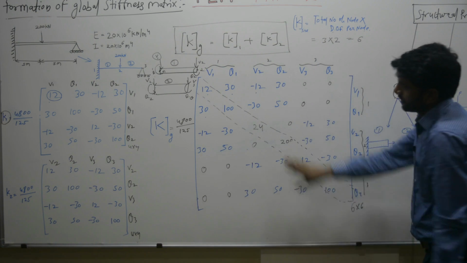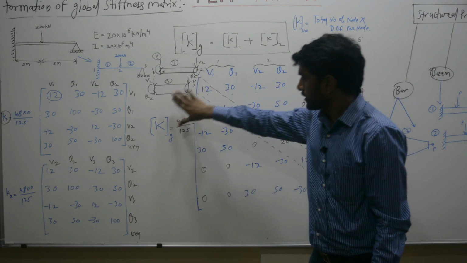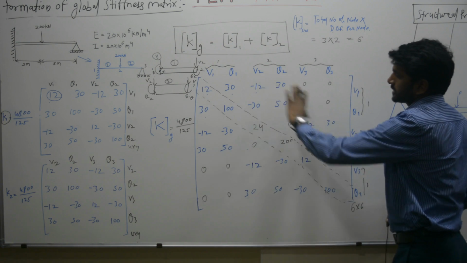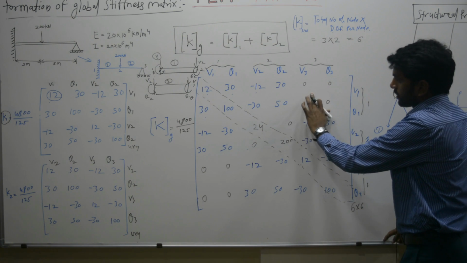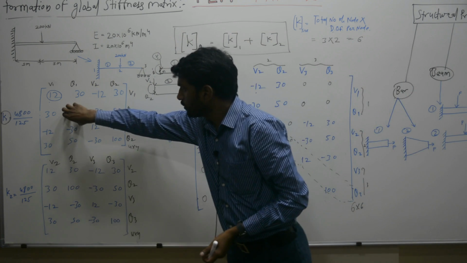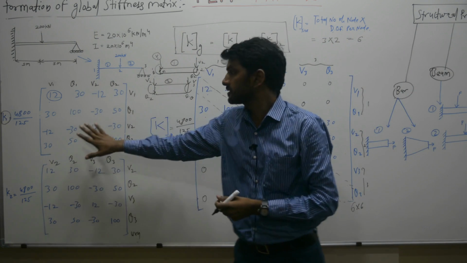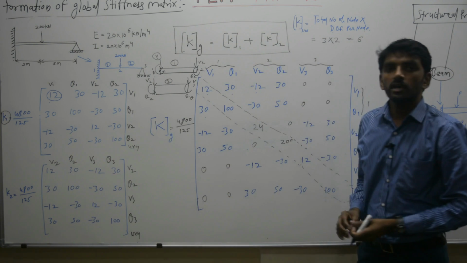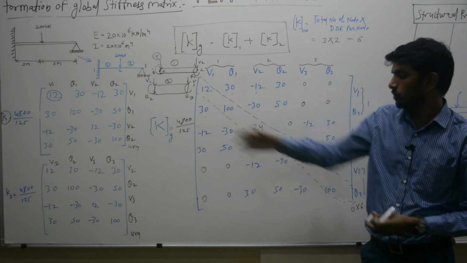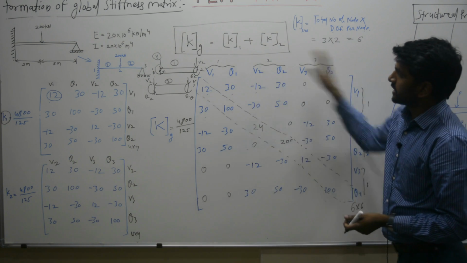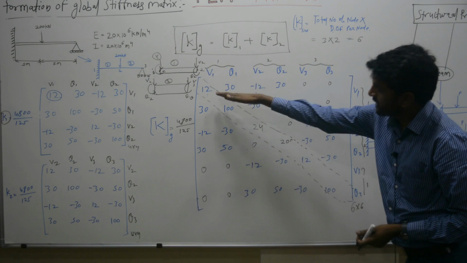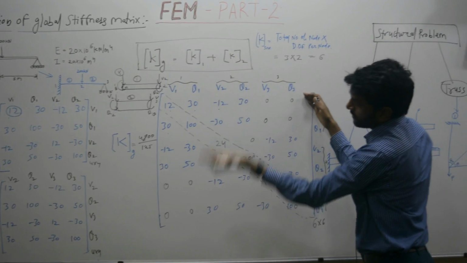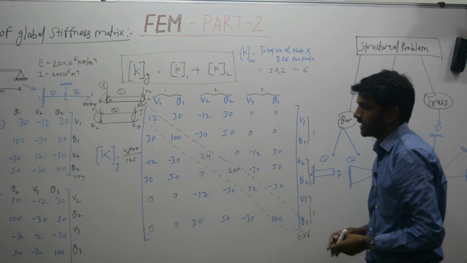This is a very effective way to check whether you are making it right or wrong, because if your stiffness matrix is wrong, it means you are not considering a particular node value or its distribution. In that case, the numerical solution of that problem is going to change. So after formulating the stiffness matrix, you need to draw the cross diagonal and then check whether the upper triangular matrix is an exact mirror of the lower triangular matrix or not. If it is, then it is correct.